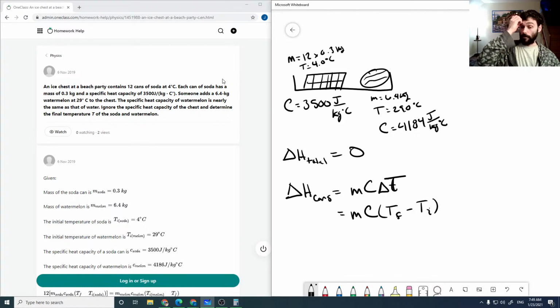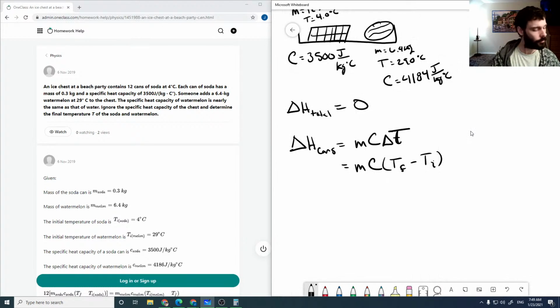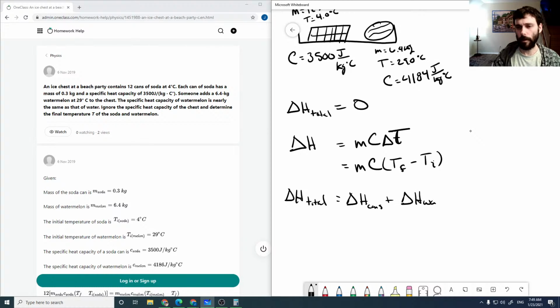And actually that's going to be delta H for both our watermelon and our cans, or at least the general expression. So our delta H total is just the sum of our delta H for our cans and our watermelon, and that equals 0.